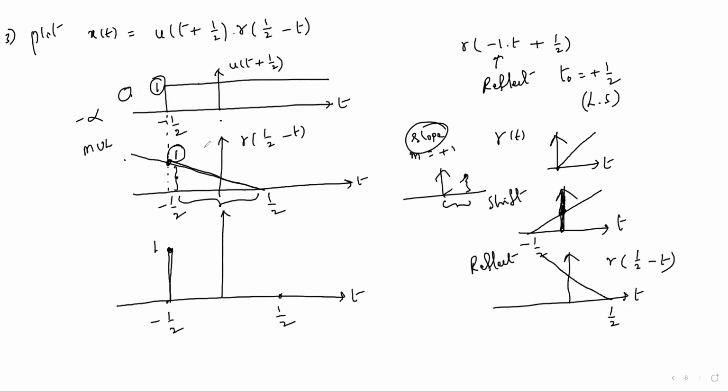Multiplied by 1, 1 into x. So you multiply with 1, the same signal you will get here. So this will be as it is. Ramp signal. Try to draw perfect straight line here, please.